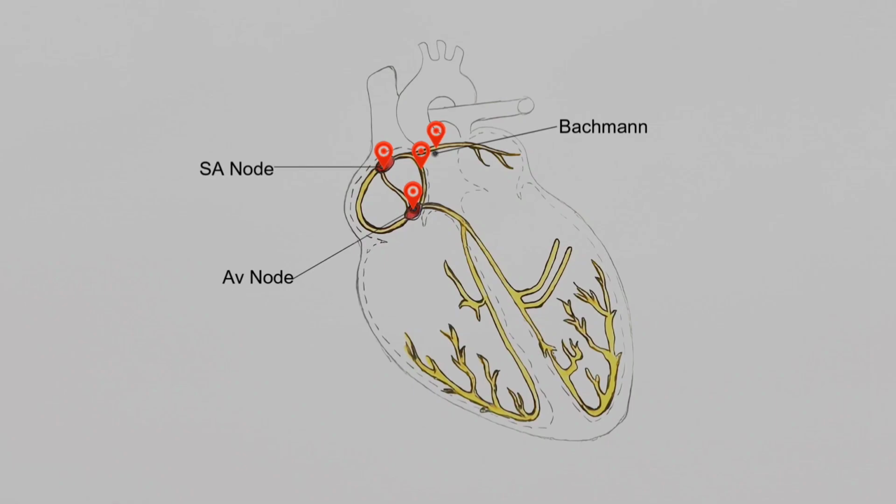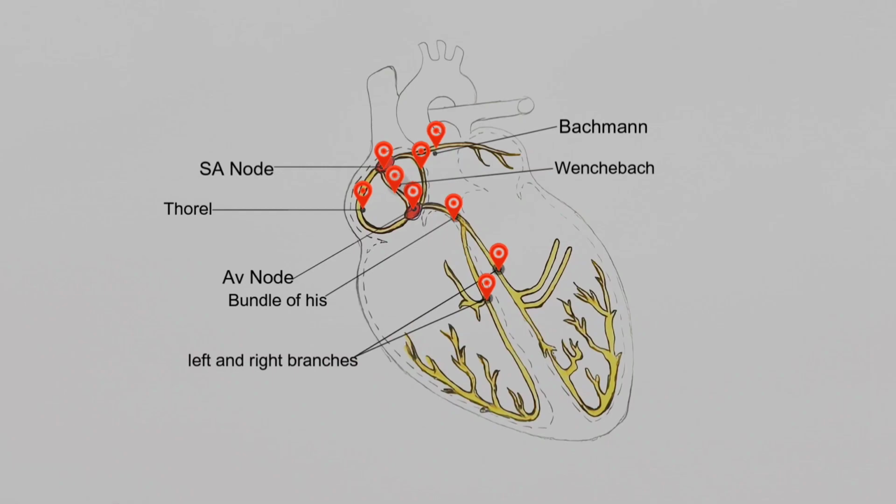The middle internodal tract is called Thorel, and the posterior internodal tract is called Wenckebach. The AV node picks up the impulse from atria and conducts it into the bundle of His. From there, left and right branches arise, and lastly it is transmitted to Purkinje fibers. The papillary muscle contracts first to tighten the chordae tendineae, and then contraction of ventricular muscle takes place.